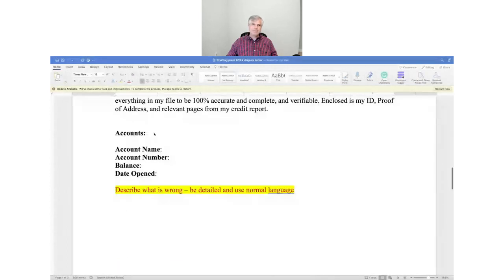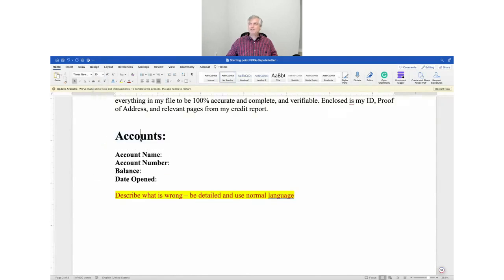Okay. So, you can do this however you want. Some people like to take this and make it much bigger there. We got accounts, or maybe you center that. But whatever you do, you just want to make it easy to read. So let's say that this is a Capital One. All right.